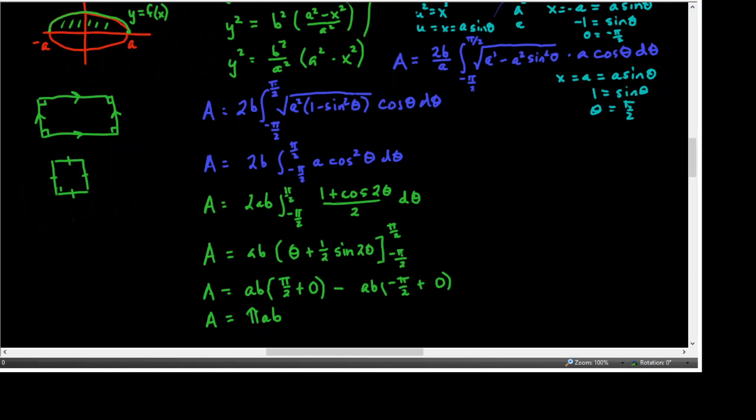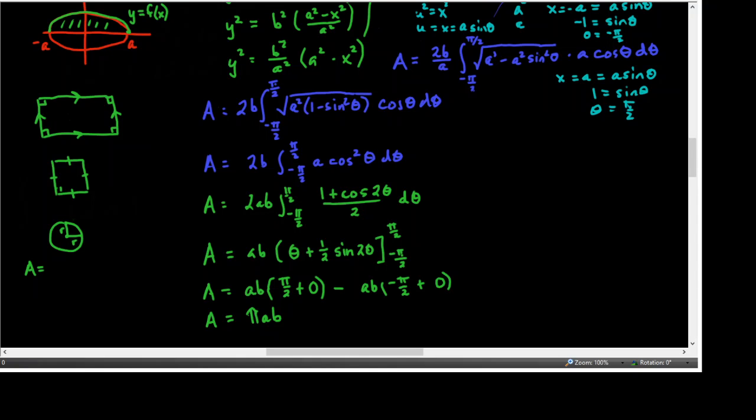Well, actually, a circle is an ellipse. It's just one where the x radius is called r and the y radius is called r, and they're the same. And what's the area of an ellipse?